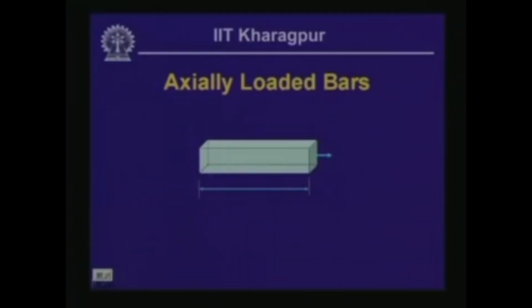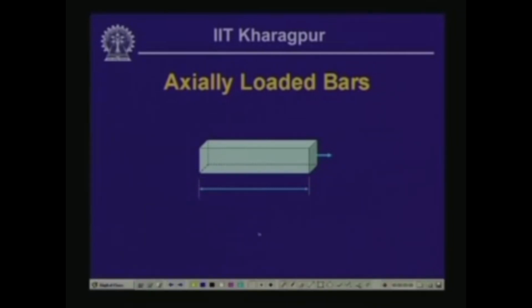Now, for an axially loaded bar, if we are interested to compute the strain, let us assume that this particular bar is fixed at this end, the length of this bar is L and it is subjected to a pull P. Thereby, if delta is the extension, then the strain is equal to delta by L.